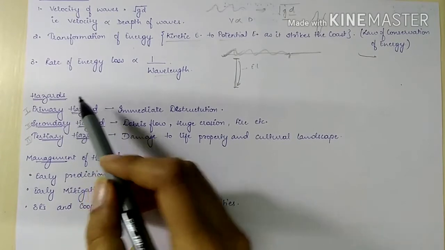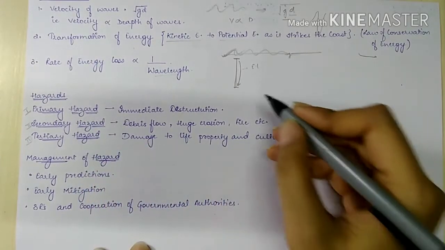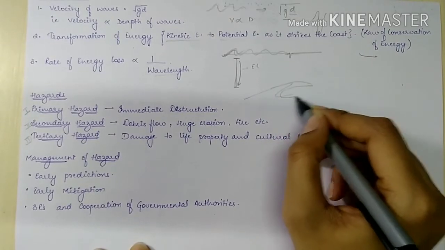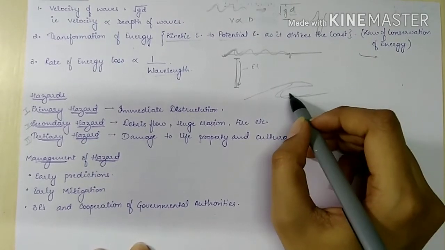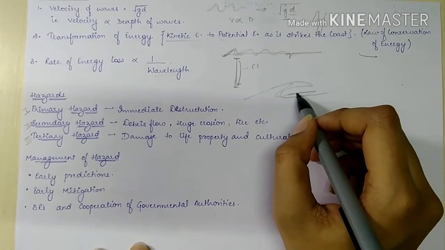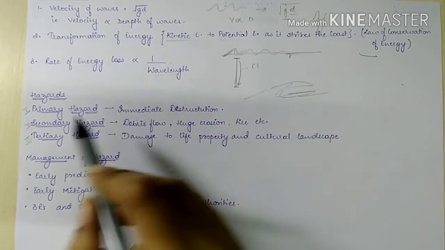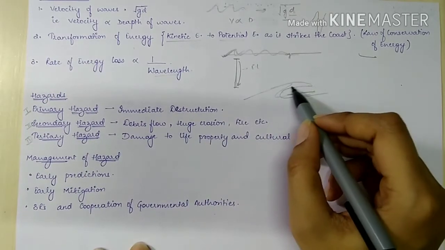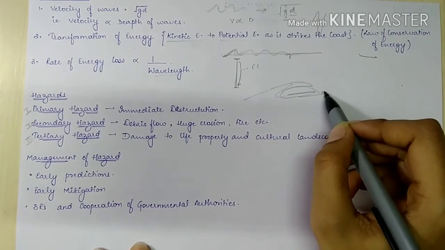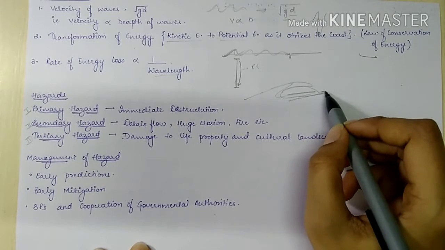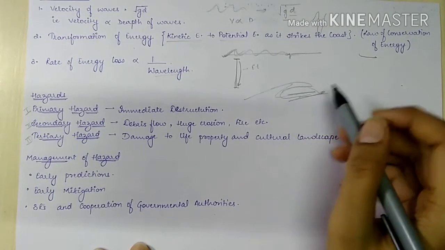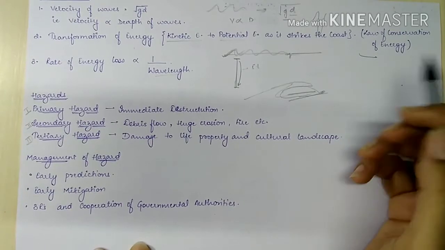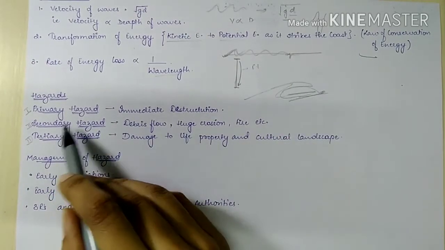In primary hazard, as soon as the waves hit the shore and come onto the shore, the immediate destruction which they cause is known as primary hazard. After they hit the shore, they carry away fertile soil, causing erosion, fire, destruction, floods and all this. This comes under secondary hazard.